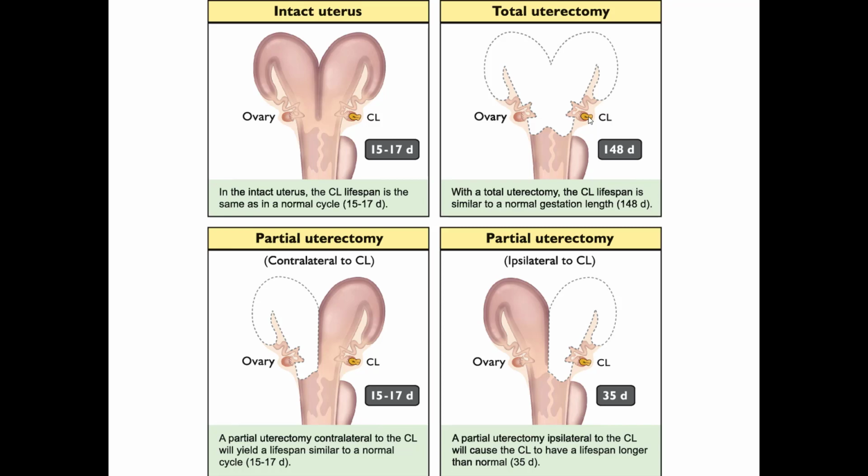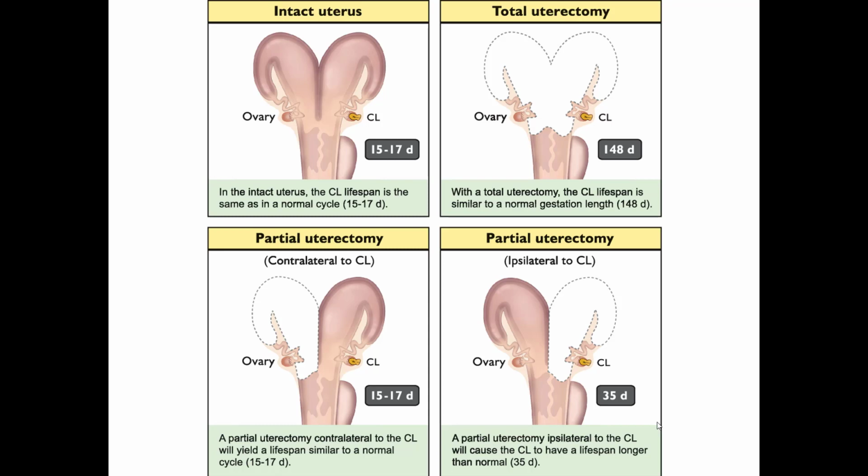You would end up with a CL that has a similar lifespan to a normal cycle. That CL would regress in 15 to 17 days, which is very similar to a fully intact uterus.